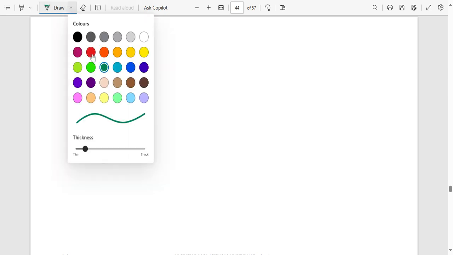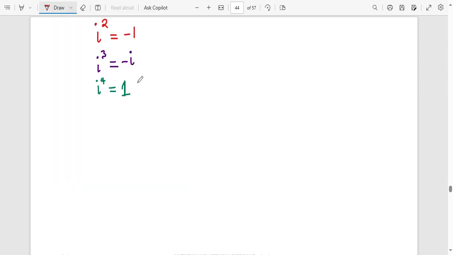This one again, let me multiply this side by i, and this side I also multiply by i. What are we going to have? Positive i. Very good.